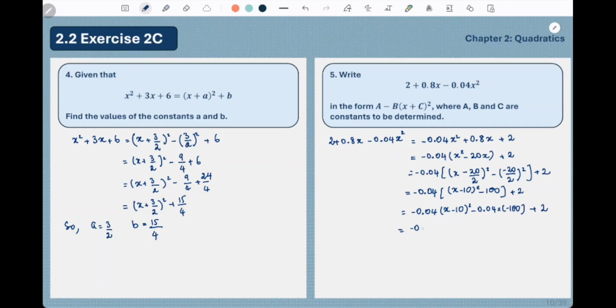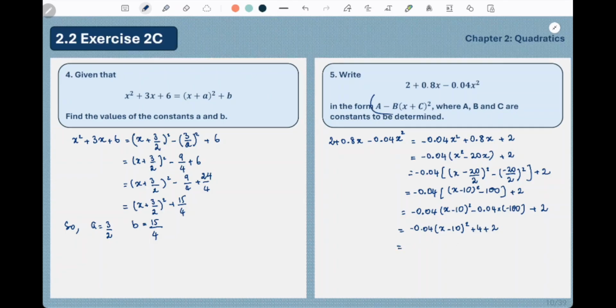Computing this, we get minus 0.04 times x minus 10 squared. 0.04 times 100 is 4. Minus times minus is still positive, so I'm going to have plus 4 plus 2. Okay, so these two together is 6.